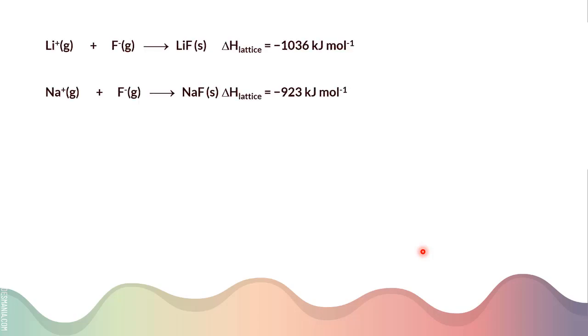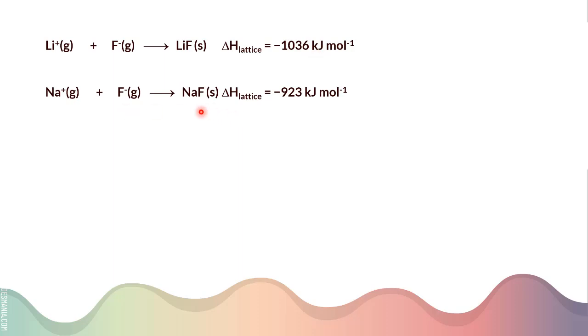The following example explains how size of ions affects the value of lattice energy. When 1 mole of solid lithium fluoride is formed from 1 mole of lithium gaseous ions and 1 mole of fluoride gaseous ions, 1036 kilojoules of energy is released.